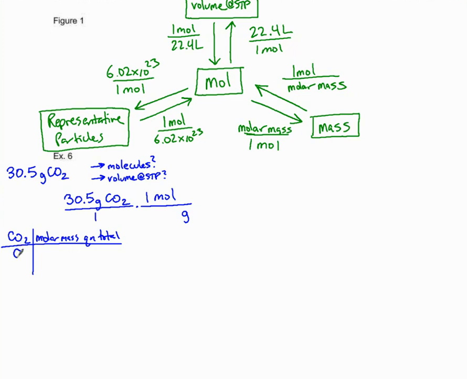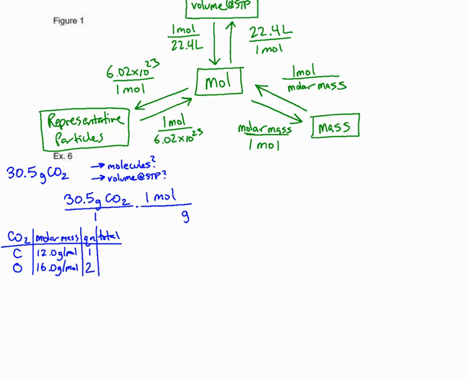In the first column, there is carbon and oxygen in this compound. Next, I have to look at my periodic table, and carbon rounds to 12.0. Oxygen rounds to 16.0. Those are both in grams per mole. The quantity comes from the chemical formula. So we see that there is 1 carbon and there are 2 oxygens. And remember what we're doing here.